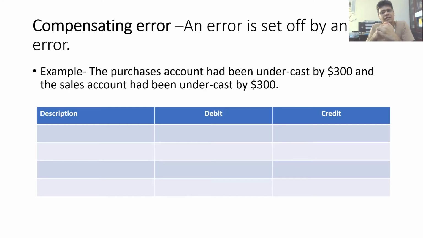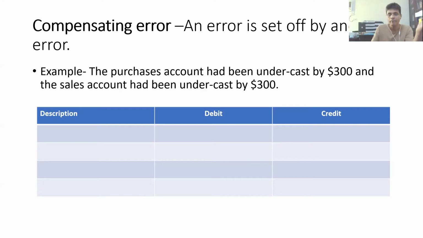What does it mean, undercast? When you take the total, it is less by 300. When you balance off your ledger accounts to transfer it to the trial balance, you need to balance the ledger accounts, no?